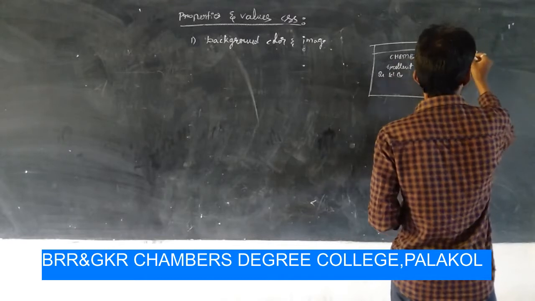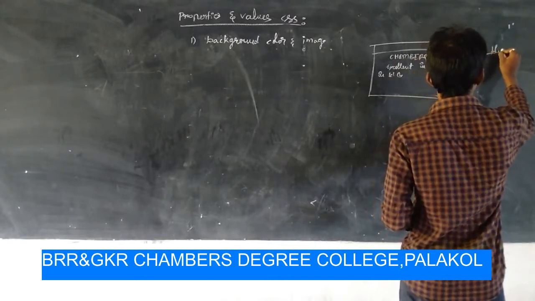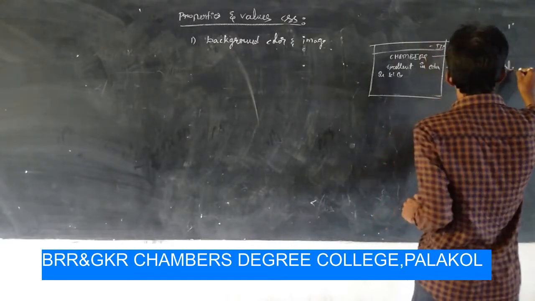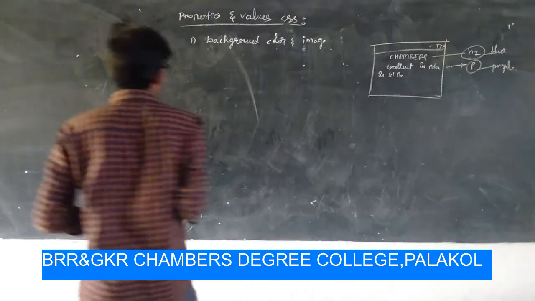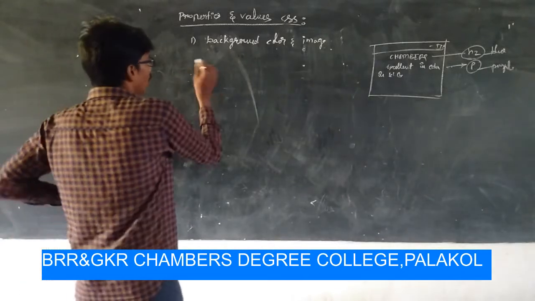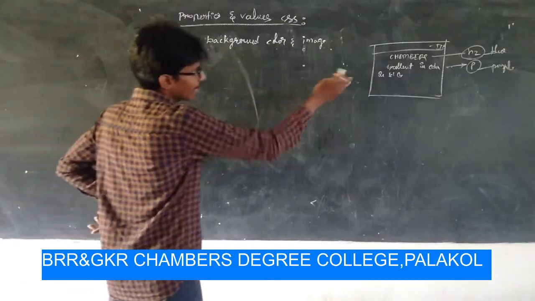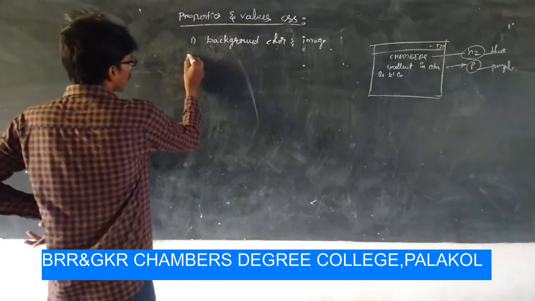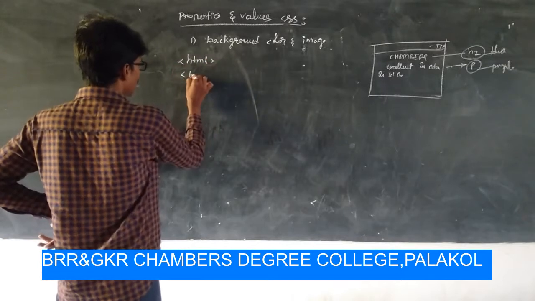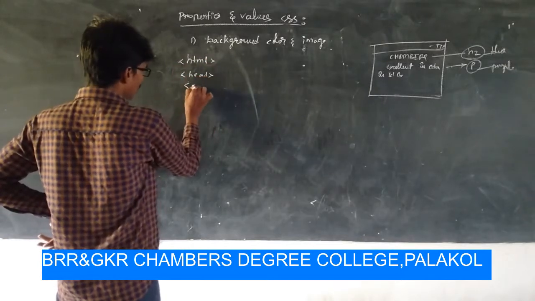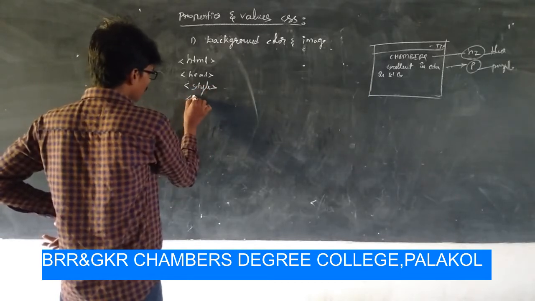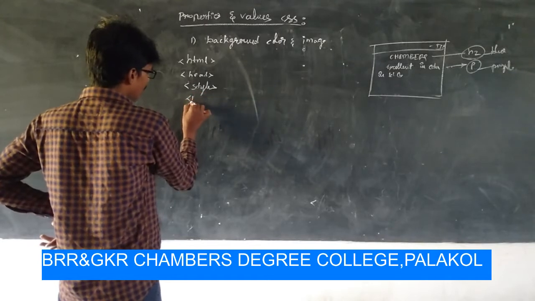If you want to show this heading in blue color and this paragraph in purple color, for making these styles you use background colors. For example, preparing this type of document, start with the HTML tag, then in the head section you mention the style. After that start the content of the style.